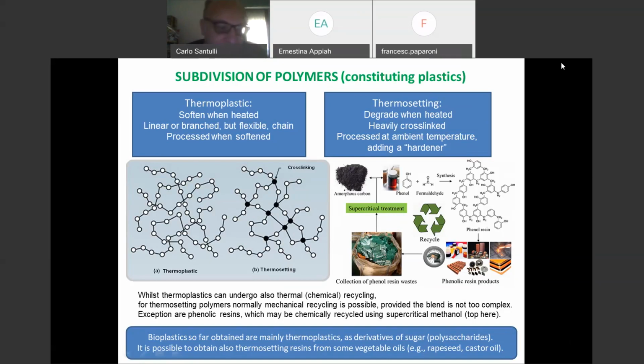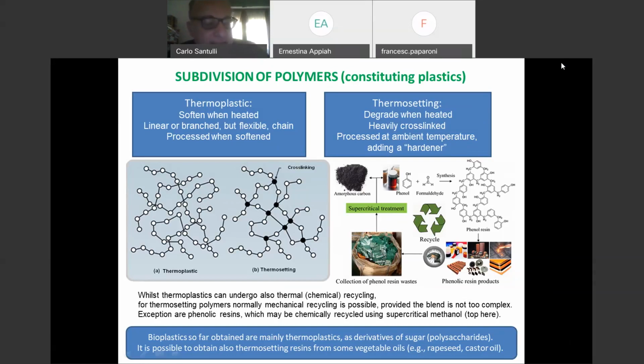We are going to talk about this in the last few lectures, but another important thing is that we are not going to make thermosetting plastics disappear, because it's useful to have a plastic which can be produced at room temperature just by adding a hardener. You can do the same operation with bio-based plastics.